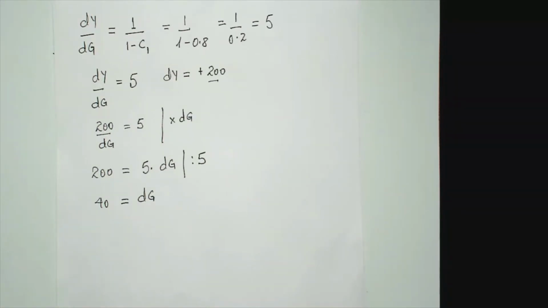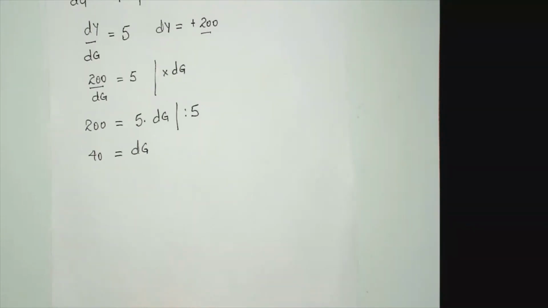So in our case, government spending must be increased by 40 monetary units, that is to say our dg is positive 40, in order to increase income by 200 units. So the government expenditure multiplier is 5. So 5 multiplied by 40 would give us 200, and this will lead to the same level of income as given in the scenario A.